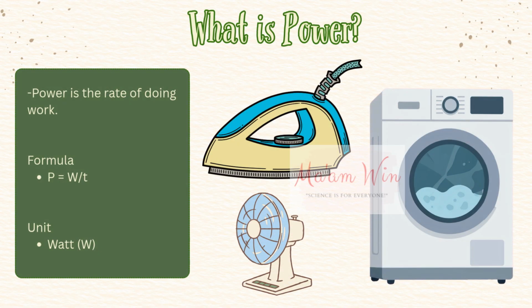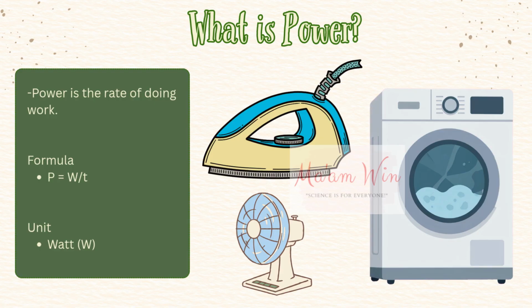Okay, this is our next topic, power. Power is the rate at which work is done or energy is transferred over time. It tells us not only how much work is done, but also how quickly the work is completed. The formula for power is P is equal to work divided by time.